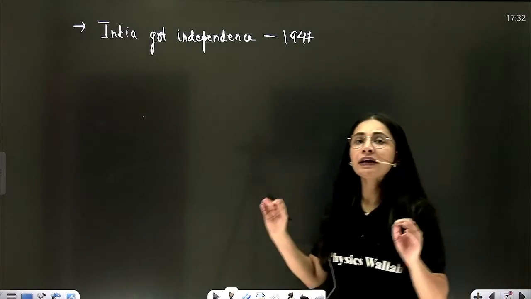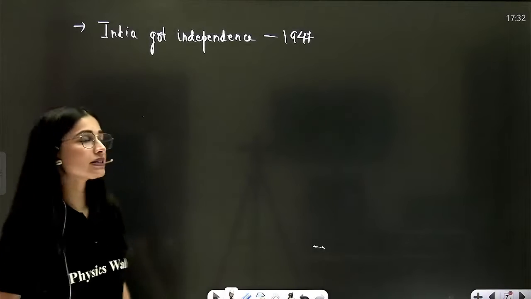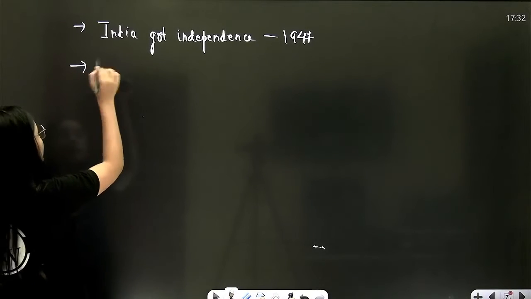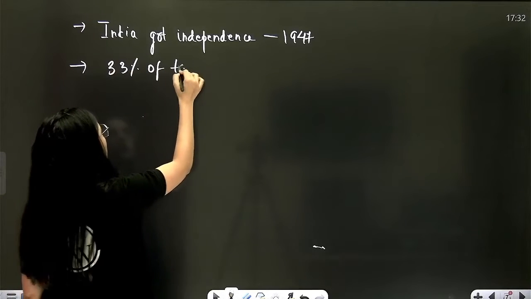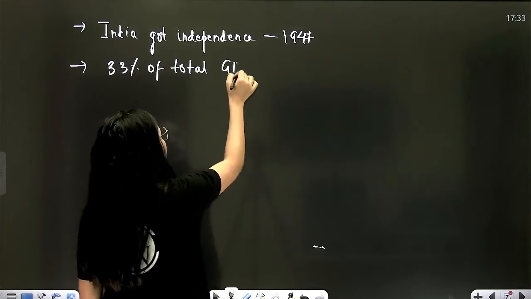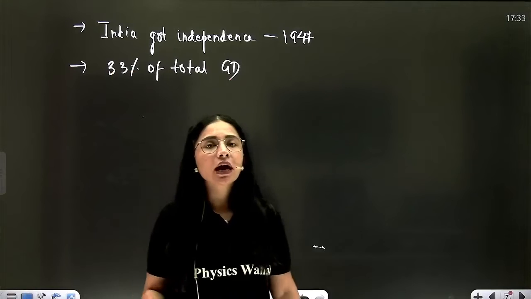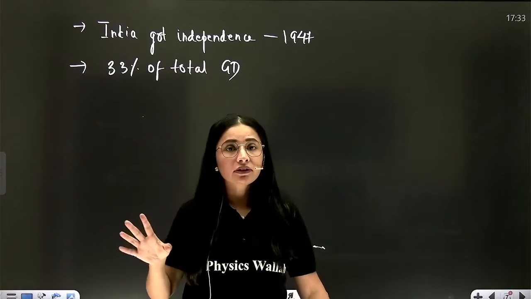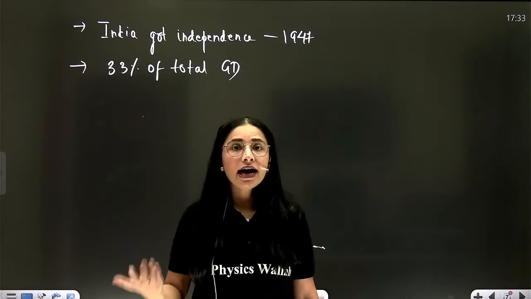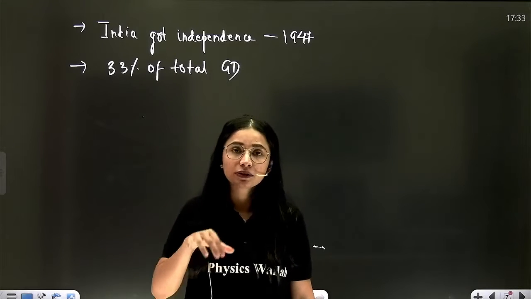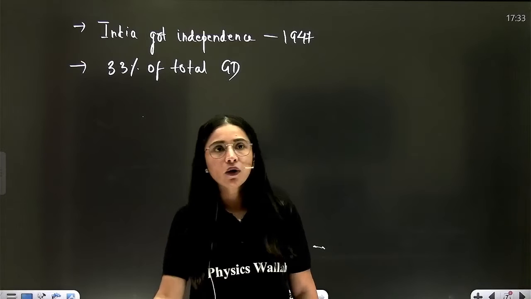Now, in mid-1960s, one more point is written in NCERT that 33% of India's total GDP, you know, we are an agricultural country. We are not an industrial country. Our major source of income is agriculture only. Our 62% of the population is involved in agriculture, directly or indirectly.